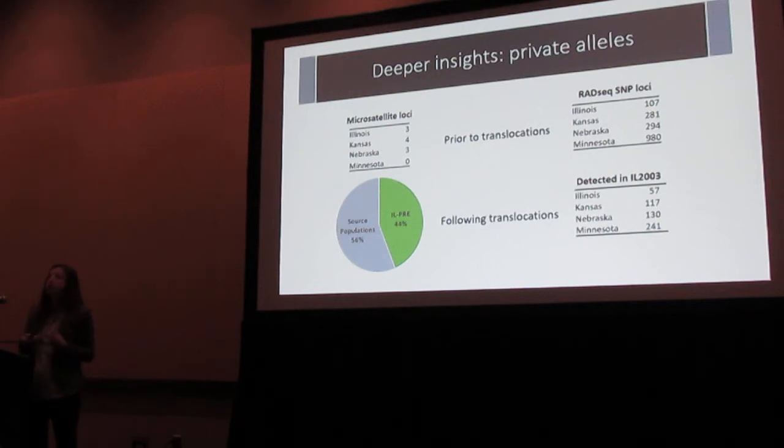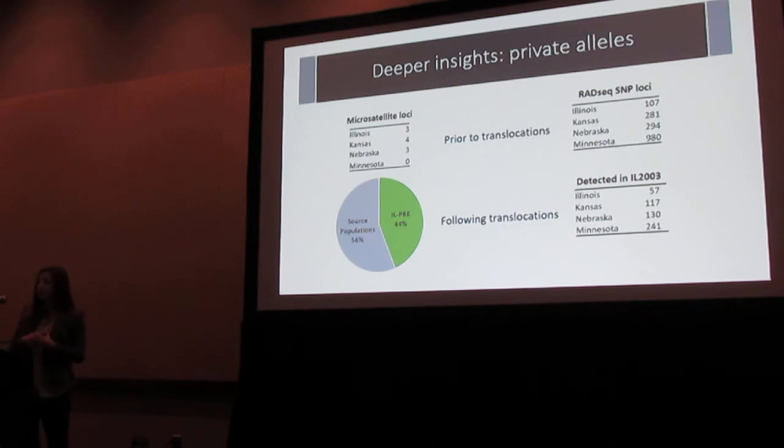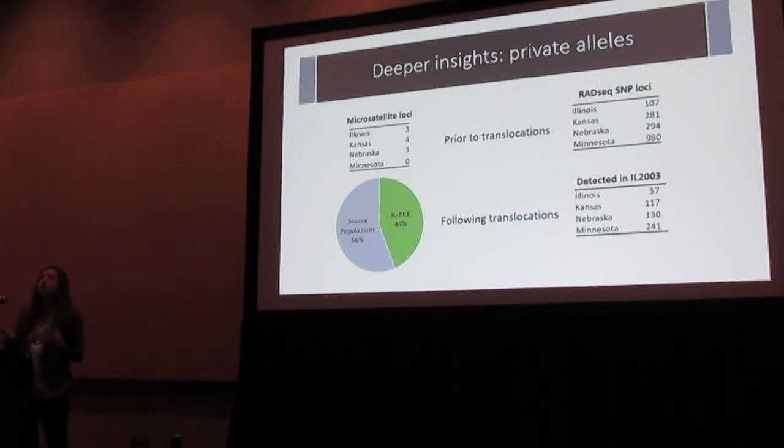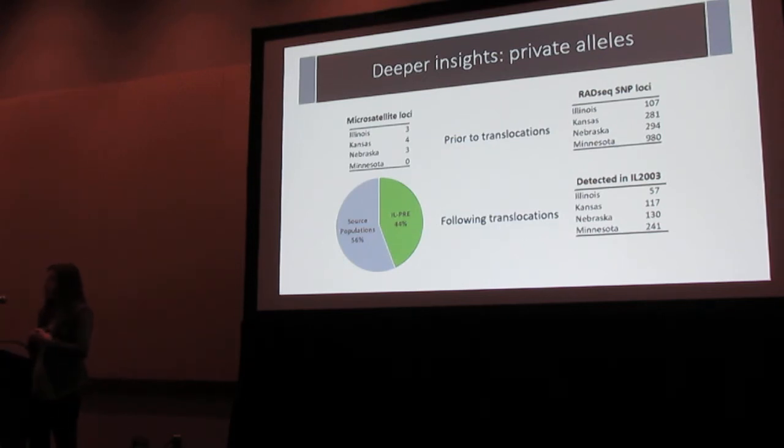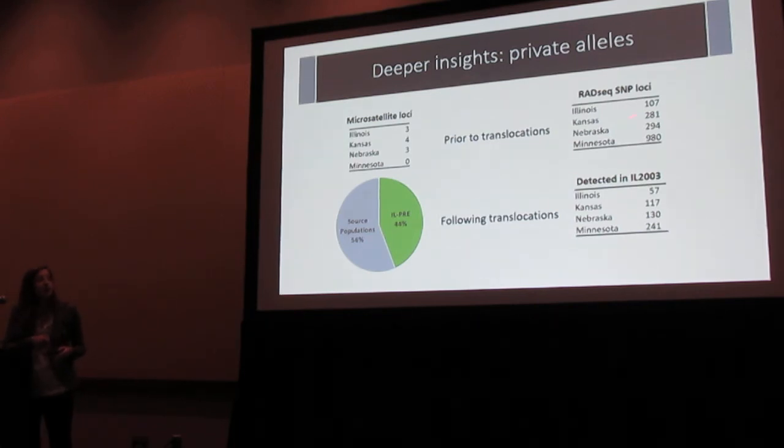So when we look at the Illinois 2003, or the Illinois post-translocation population, in previous work, they were really only able to draw general conclusions about what the relative contribution was of those translocated individuals. Whereas now I can actually look at the Illinois population and count how many of these private alleles I now find in that Illinois 2003 population.